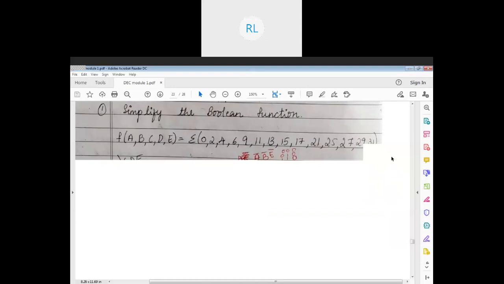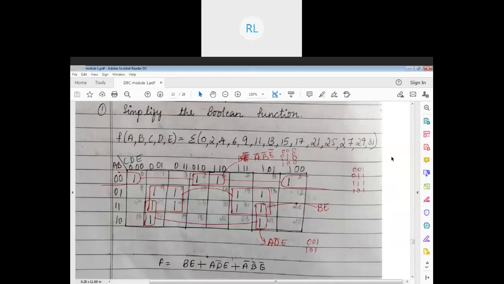Is it visible or should I still zoom in? It is visible, sir. Fine, thank you. So just take note of this problem and try to work it out. You are going to see a different kind of grouping here. I've taken a different example so that it becomes easy for you to understand.